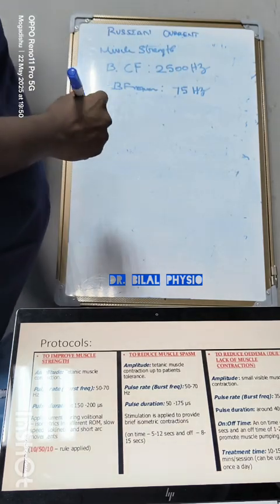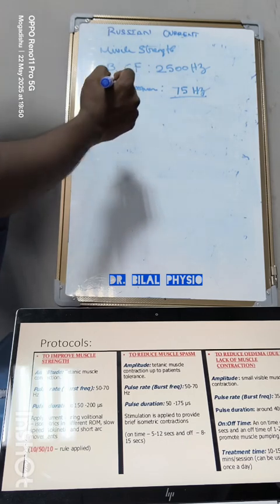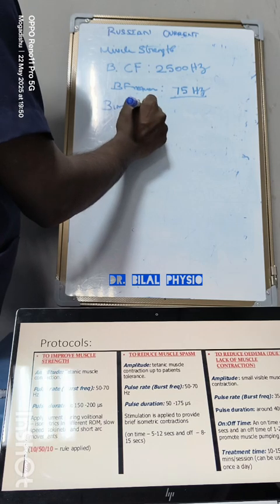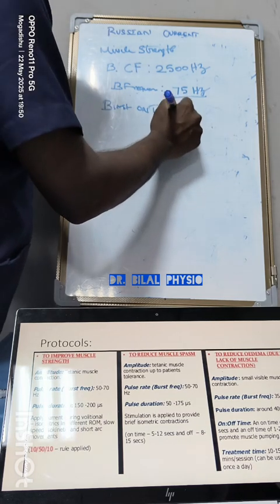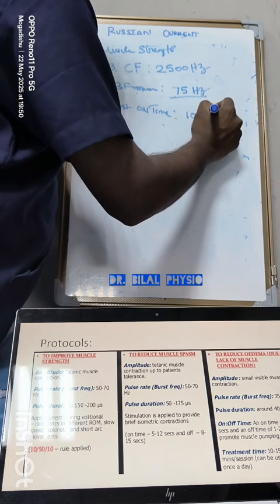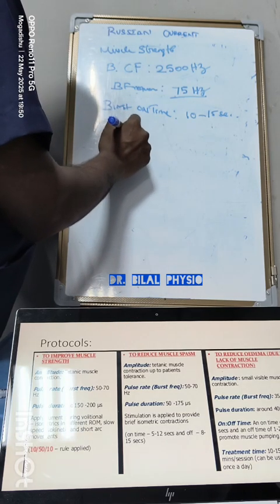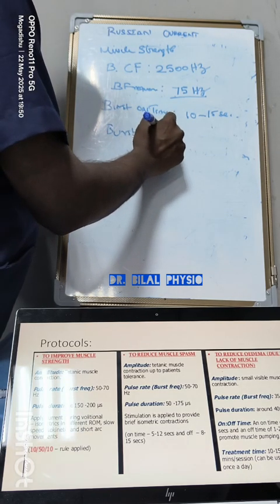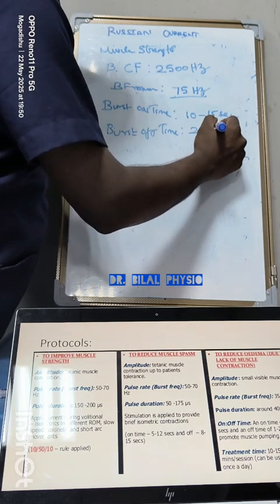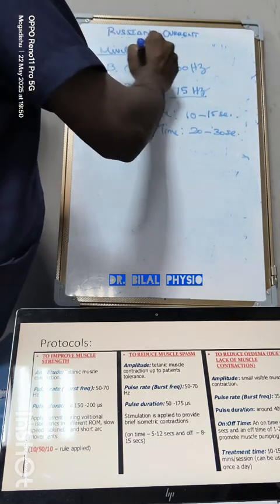In our clinical setup, we usually use 75 Hertz of burst frequency range with a burst on time for a period of 10 to 15 seconds and burst off time for a period of 20 to 30 seconds to achieve the muscle strengthening.